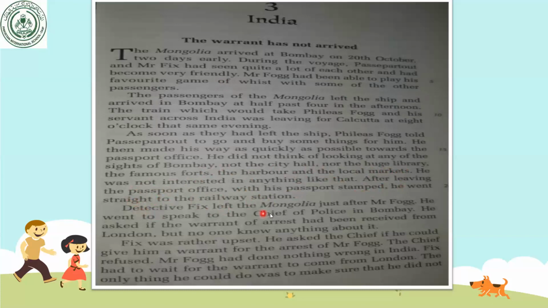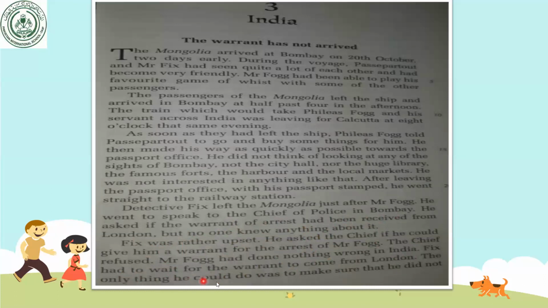Detective Fix left the Mongolia just after Mr. Fogg. He went to speak to the chief of police in Bombay. He asked if the warrant of arrest had been received from London, but no one knew anything about it. Fix was rather upset. He asked the chief if he could give him a warrant for the arrest of Mr. Fogg. The chief refused. Mr. Fogg had done nothing wrong in India. Fix had to wait for the warrant to come from London.